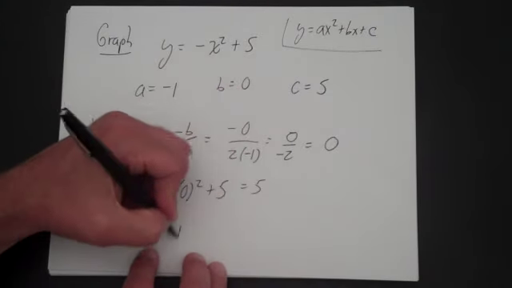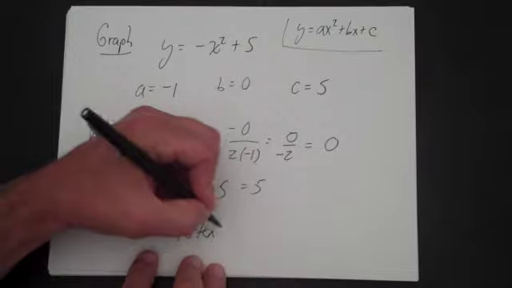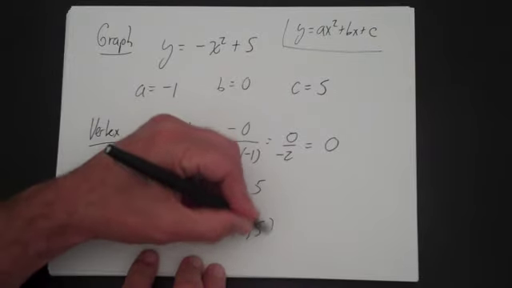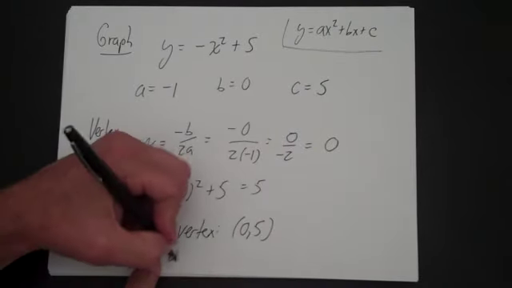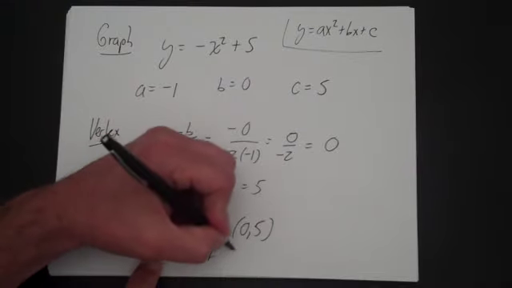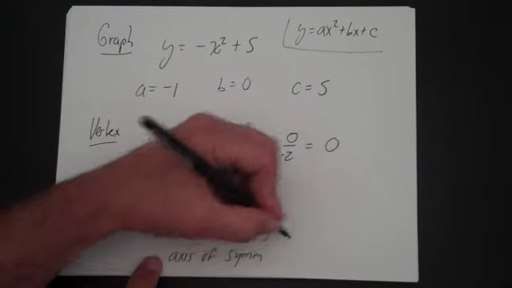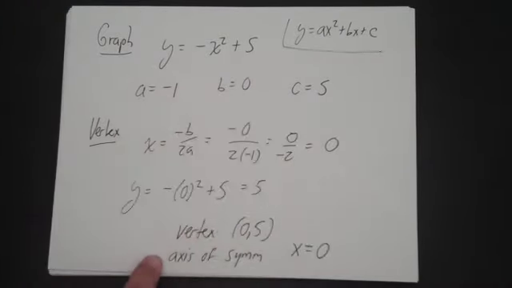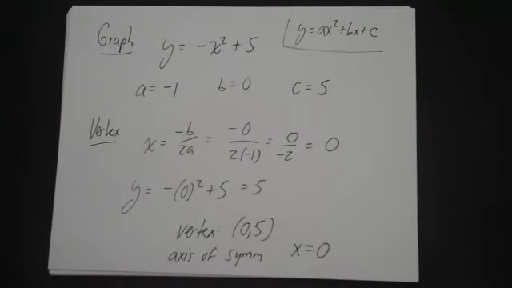So your vertex is 0, 5. Your axis of symmetry is x equals 0. Now you just do a table of values and you're done. Anyway, that's how you graph quadratics when they're written in standard form.